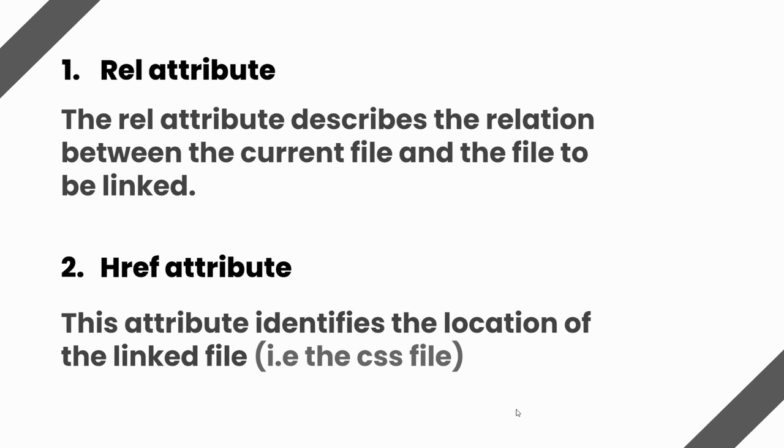I believe the rel attribute stands for relationship or relation. So the rel attribute describes the relation between the current file and the file to be linked. Basically, it describes the relationship between the current file, that's the file that holds the link tag, and the file that is to be connected to it.